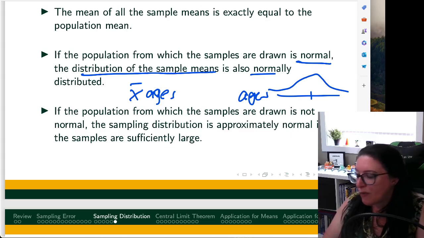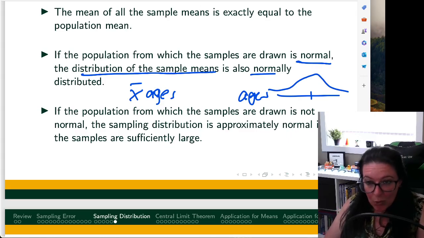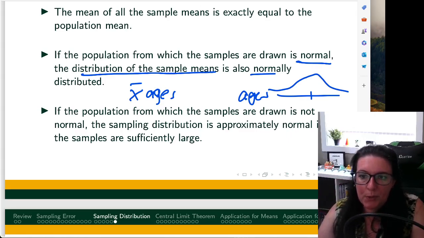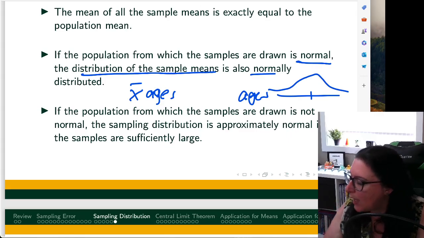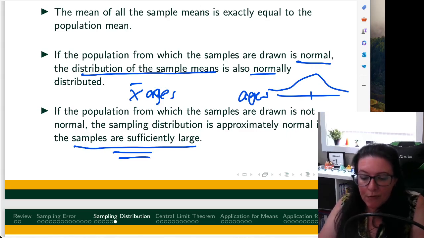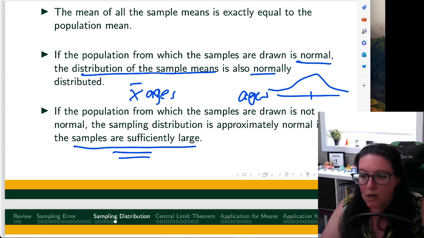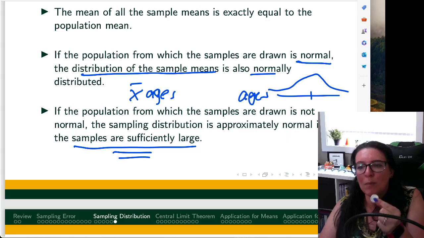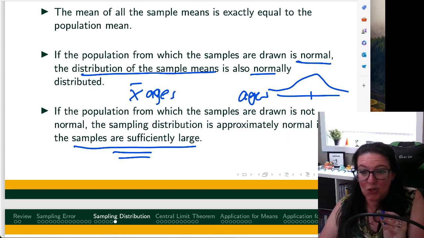If the population from which the samples are drawn is not normally distributed, okay, then it is possible that the sampling distribution could be approximately normal as long as the samples are sufficiently large. So think about, for example, the coin toss that we talked about in a previous video. We tossed the coin, it was heads or tails. So it wasn't a normal distribution because you only had two outcomes. It was discrete, and we had a binomial distribution, and we looked at that binomial distribution.